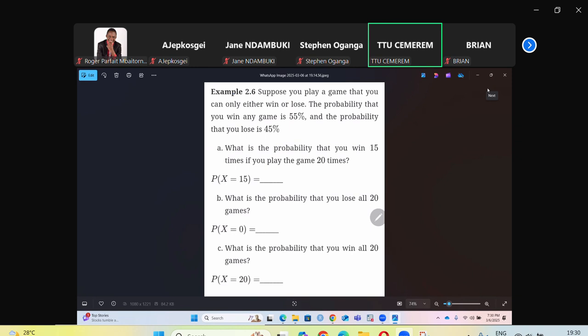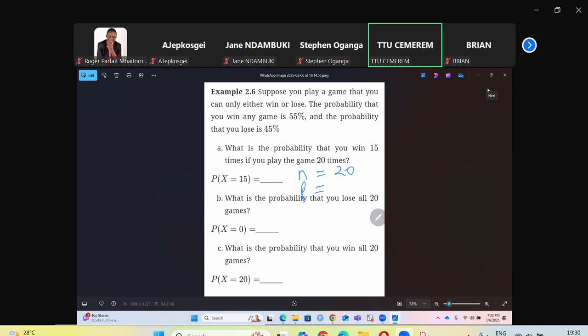What is our n? 20. And what is our p? 0.55. Because we are being asked for the probability you'll win 15 times, our interest is winning, so winning becomes our success.